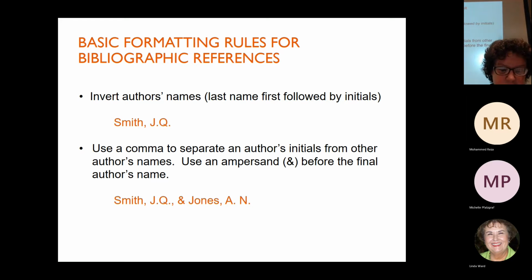So Smith, J. Q., comma, two punctuations right there. And then ampersand for the last one, and you're still in the same order. Some citation styles will have last name first and then first and last name. One thing nice about APA, it's all that same way. Author's last name, comma, initial, period, comma, and off you go, ampersand instead of and.